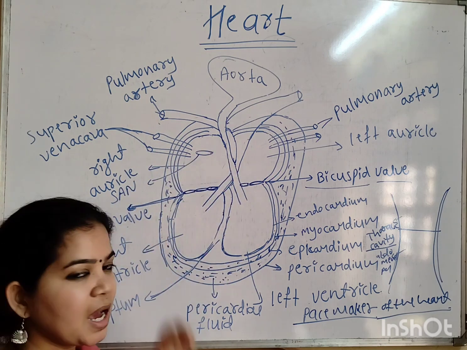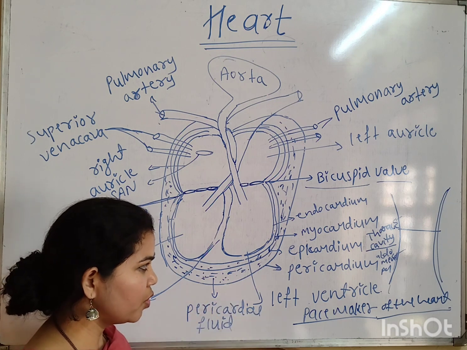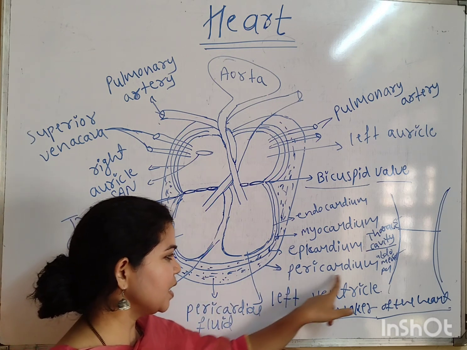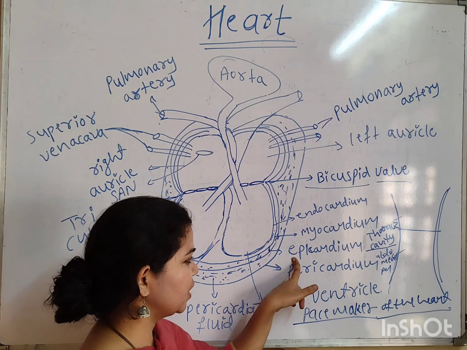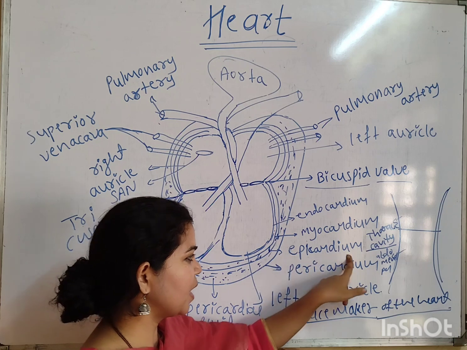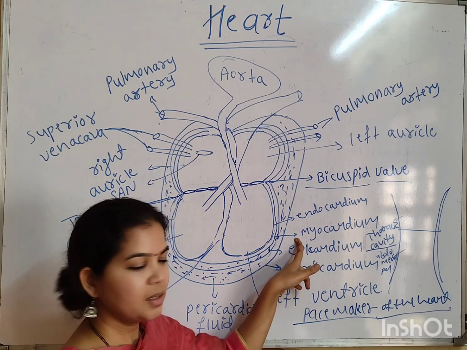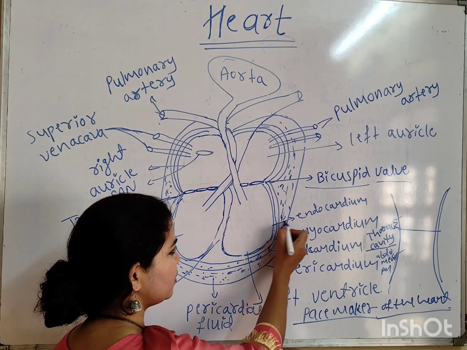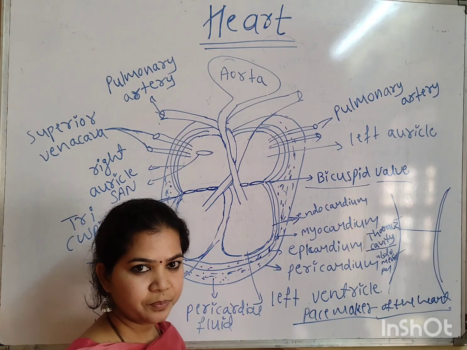Surrounding the heart, there are 4 layers. The outermost layer is called pericardium, and below it there is one more layer, the epicardium. The middle layer is called myocardium, and completely inside there is a layer called endocardium.